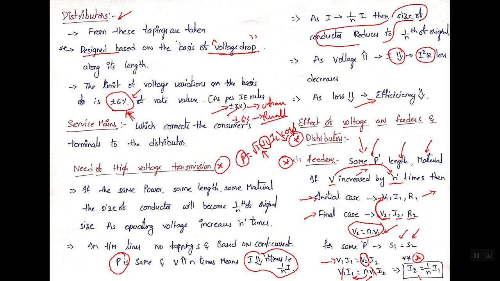That means the current value decreases by 1 by n times. So as voltage increases by n times, the current value decreases by 1 by n times. That is the most important one.